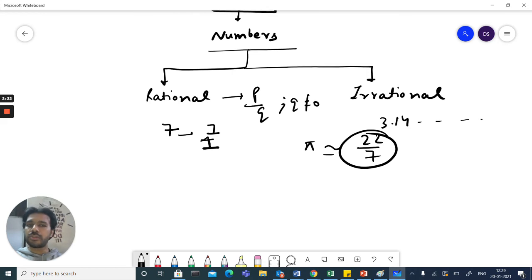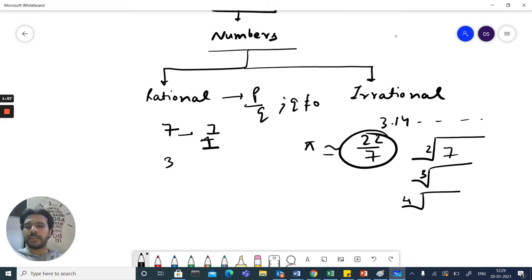Now what you can also do for finding out whether the number is irrational is look for any number which has a surd over it. Surd simply says either it's a square root or a cube root or a fourth root and so on, and it's not a perfect square, obviously, in the case of a square root. So let's say if I write root of 7, it becomes an irrational number for me.